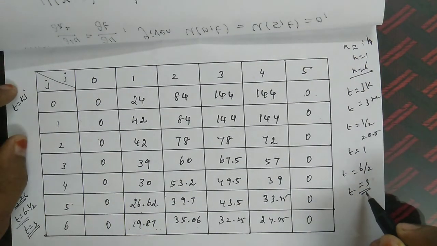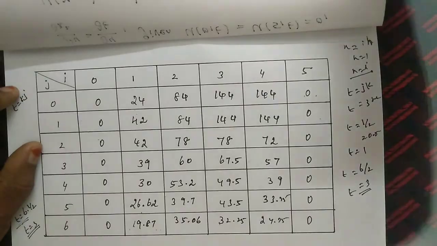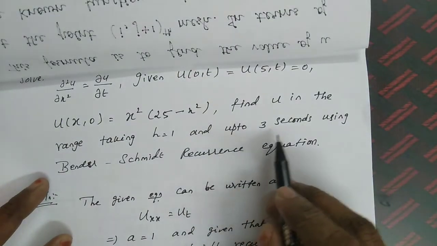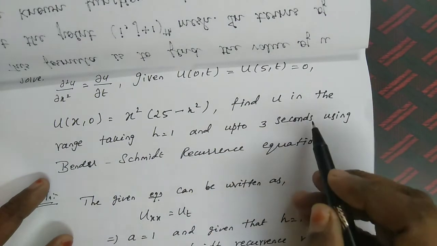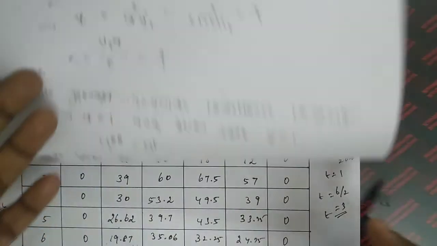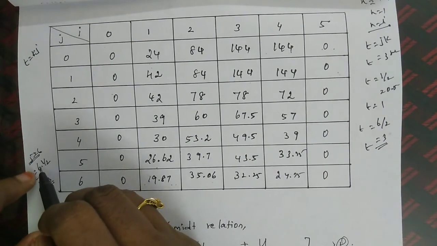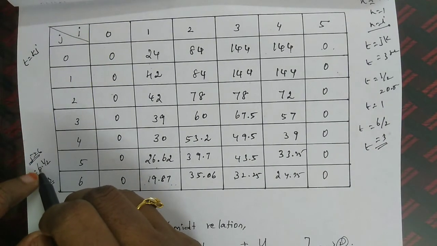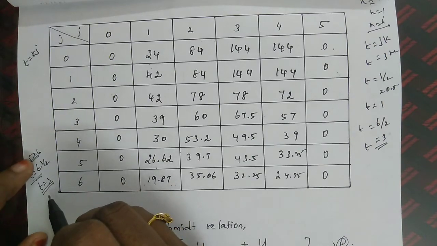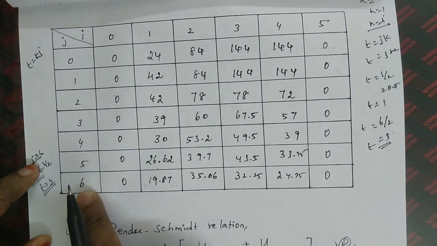It is given in the question that the problem is up to t equal to 3 seconds. So t equal to j into k, that is 6 into 1 by 2, we are getting t equal to 3. That is the reason why we have taken the j value up to 6.